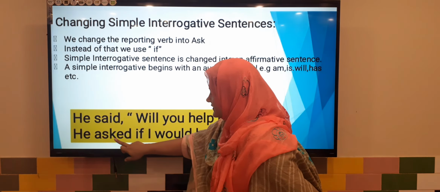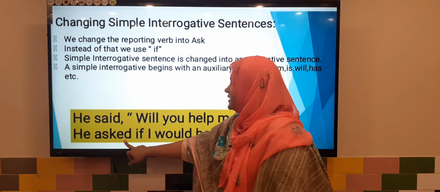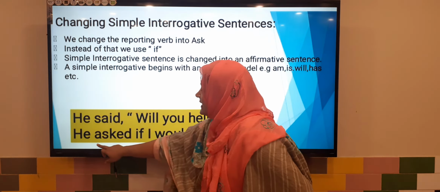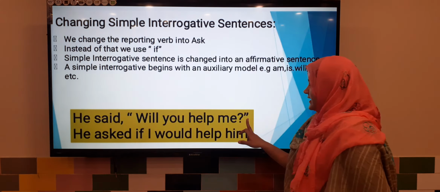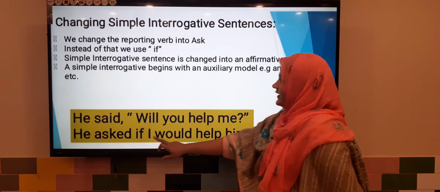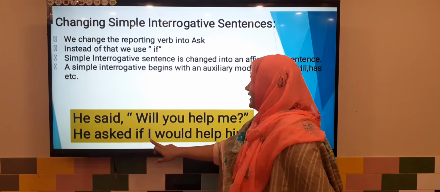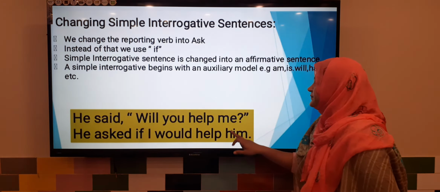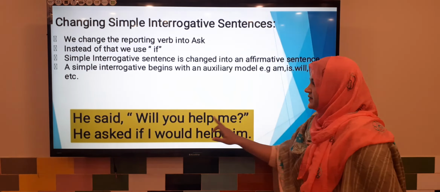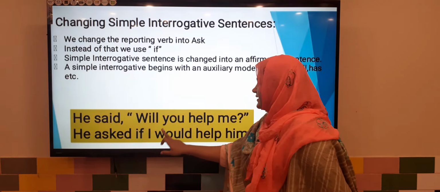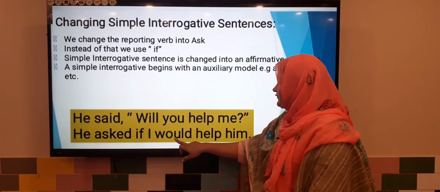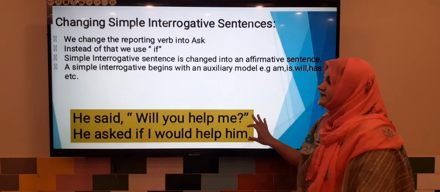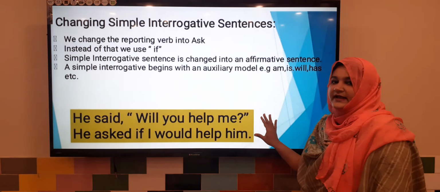This is in the past, so I have also written past in the indirect speech. He asked if. I am going to remove the inverted commas and put if. If I would help him. Me is the object, and this becomes a subject, I, and will is changed into would. I would help him. This is the example of a simple interrogative sentence.